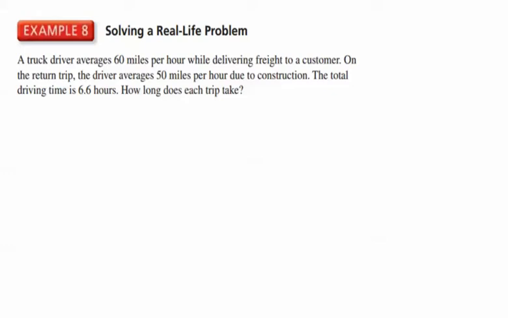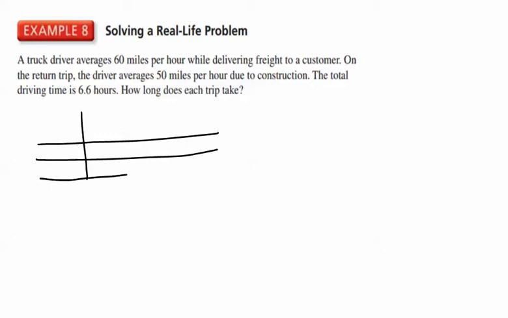Now I would use with this one what we have been using all along for distance problems, and we'll see that this structure can be used in other ways besides distance, but we have distance is equal to rate times time.